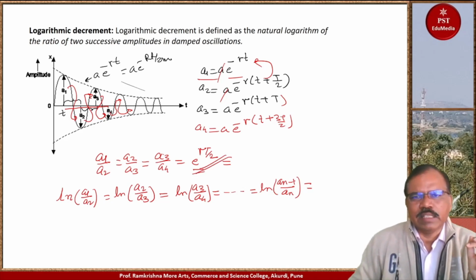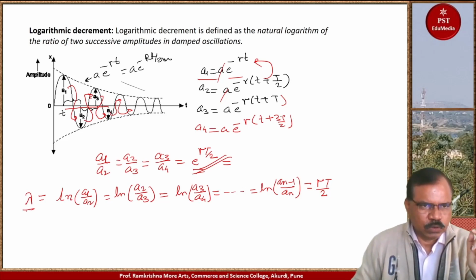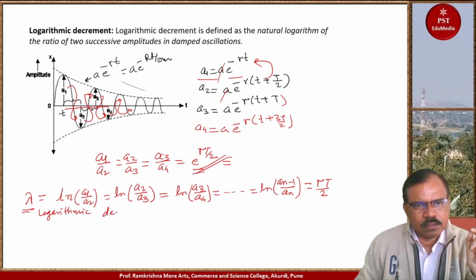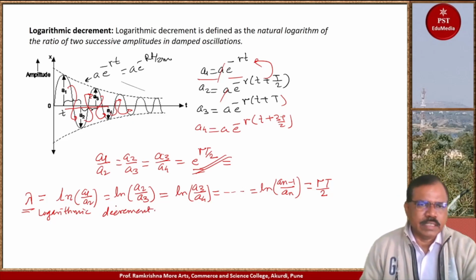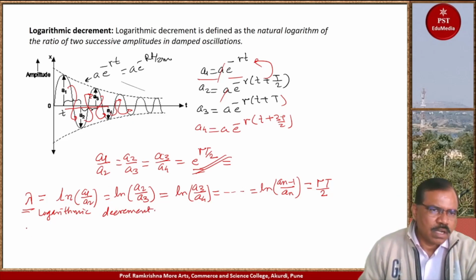So take logarithm of this, you will get gamma T by 2. And this one we will call as lambda or logarithmic decrement. So this lambda is logarithmic decrement. Now this lambda is equal to gamma T by 2.